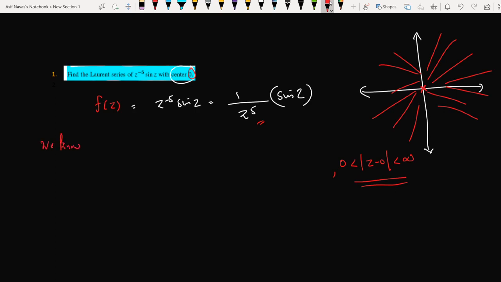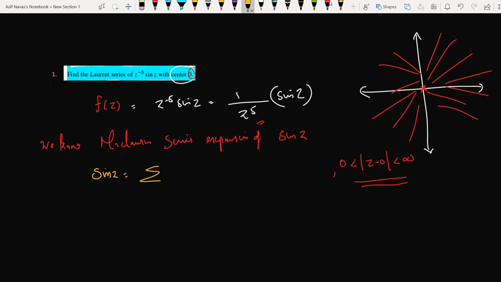Now, we know the Maclaurin series expansion of sin z. What is the Maclaurin series expansion of sin z? The thing is, you have to know by heart the expansions of basic functions like sin z, e raised to z, 1 by 1 minus z, 1 by 1 plus z, 1 by 1 minus z all squared.